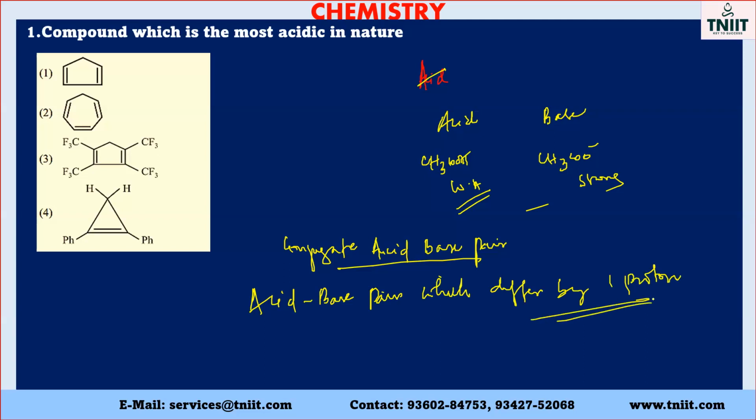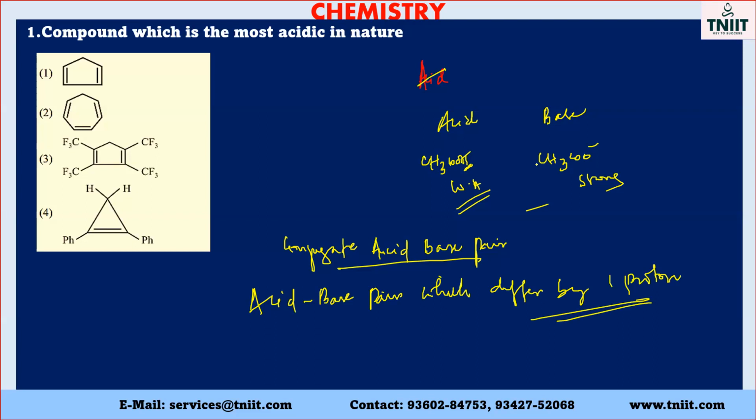Now you can see here it is CH3COOH and here CH3COO minus. The difference between these two, acid and base, is one proton. So an acid and base which differ by one proton will be called a conjugate acid-base pair.